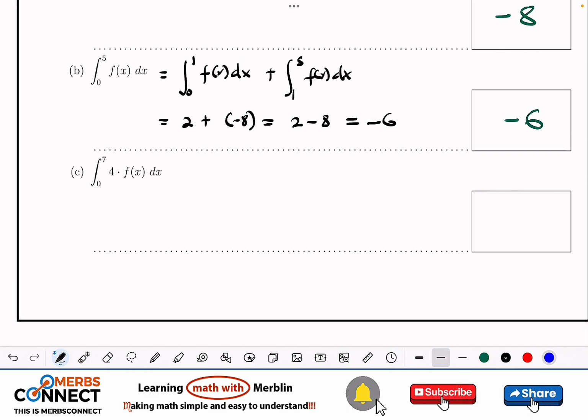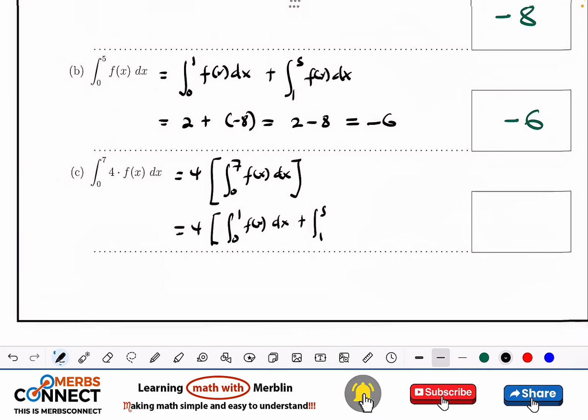So I factor the 4 out. Then the integration from 0 to 7 of f of x dx can be written as 4 times the integration from 0 to 1 of f of x dx plus the integration from 1 to 5.